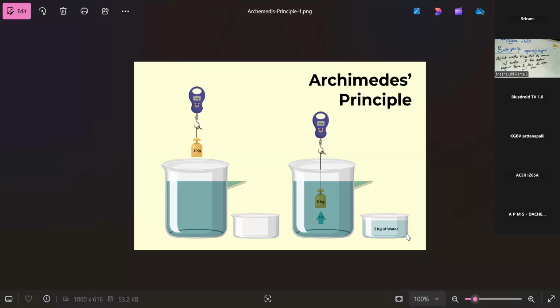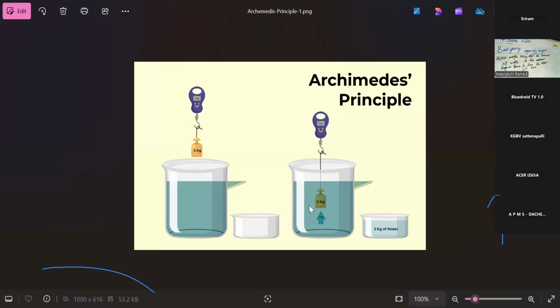So the upthrust is equal to the weight of the fluid displaced by the body. The apparent loss of weight is equal to the upthrust. This is Archimedes principle, whether the body is partially or completely immersed.